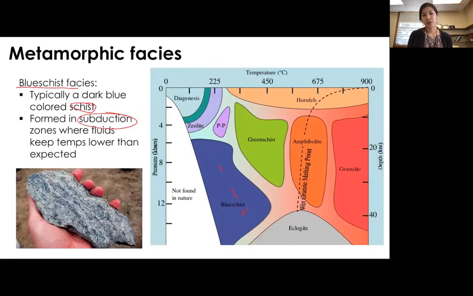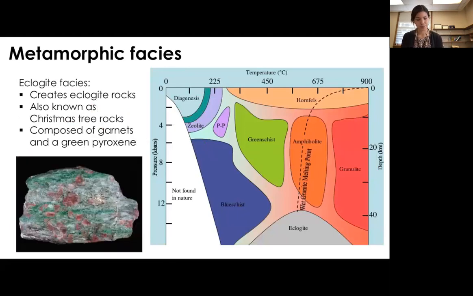So we don't find these too often because it means we have to have a subduction zone that somehow got brought back to the surface. But if we did, we would expect to find a rock that has visible micas that are foliated and that have a blue overall color to them. That may undergo increased pressures and temperatures to become an eclogite.